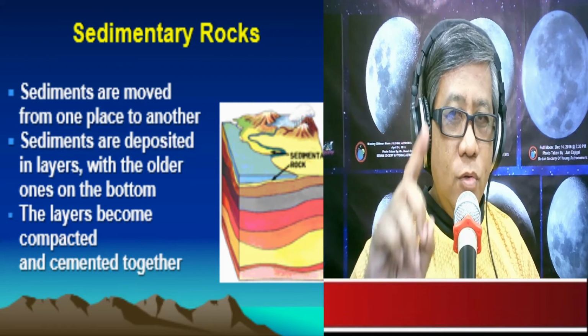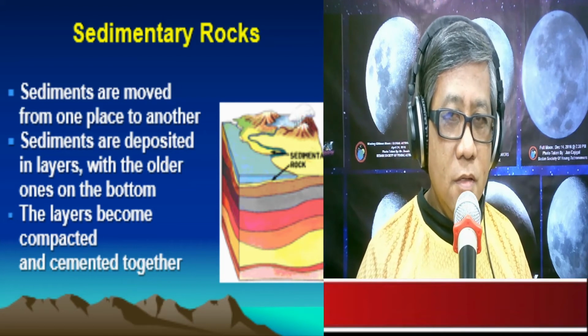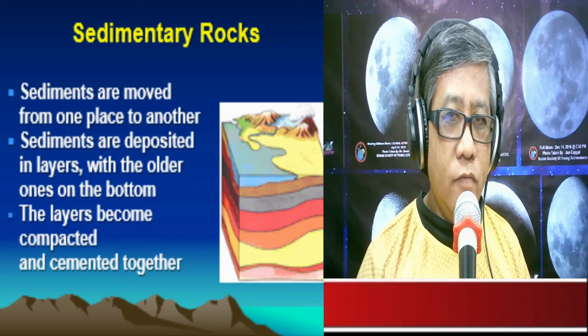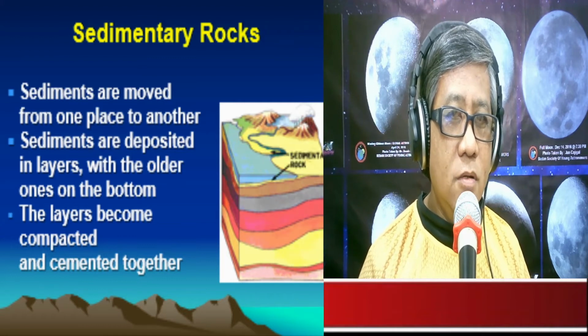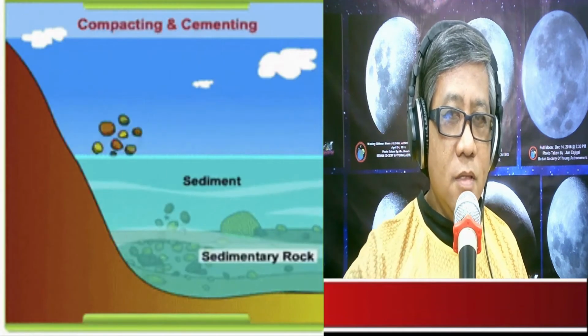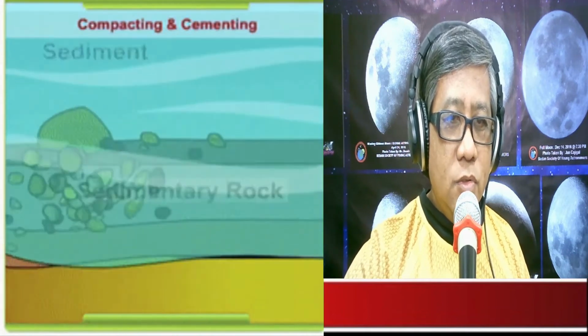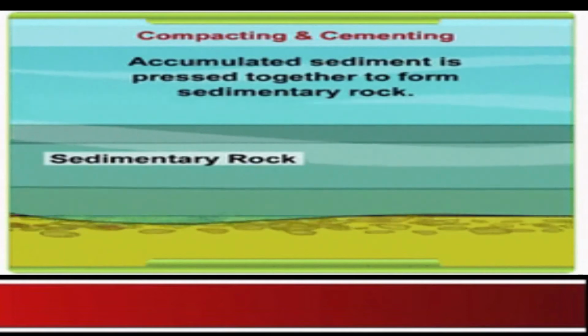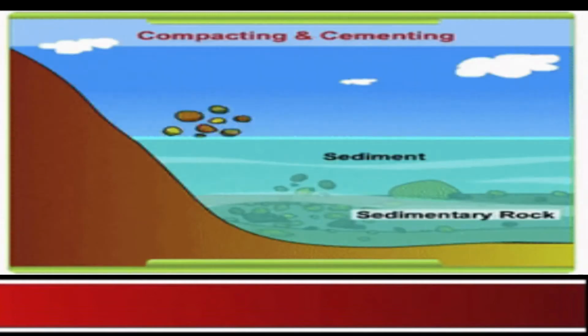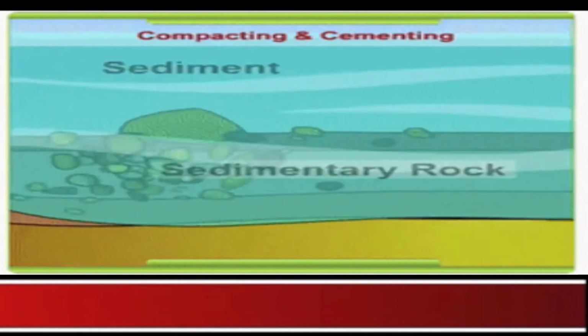Now, to give you a more detailed explanation of how sedimentary rocks are formed, let's take a look at this animated illustration. As you can see here, sedimentary rocks are formed by erosion. Eventually, the erosion will form sediments.